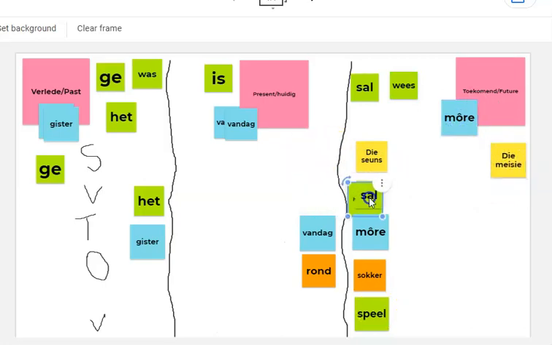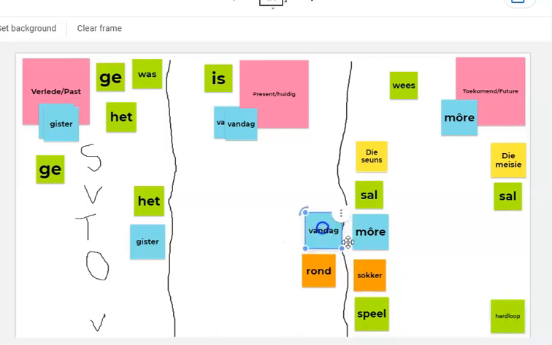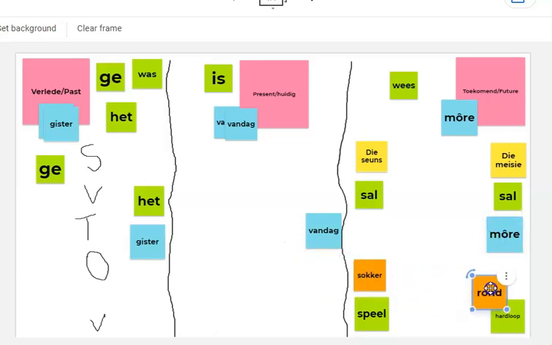Now remember, the moment a verb comes in, somebody gets jealous, and that's sal. And sal says, go away, I want to be with the girl. And hardloop has to go to the end. All right. Vandag can't go through, becomes môre. And rond just goes through like that.